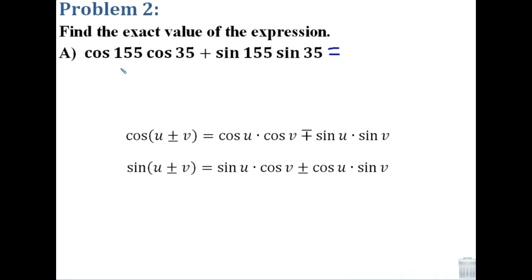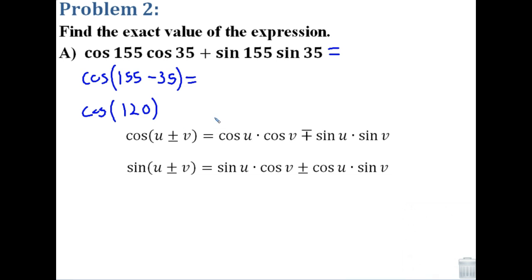Now my setup here is cosine, cosine, sine, sine. So now I'm talking about the cosine identity. And since there's a plus in between, I'm going to flip that sign to a minus within the cosine ratio. So we'll rewrite this as the cosine of 155 minus 35, which is equal to the cosine of 120 degrees.